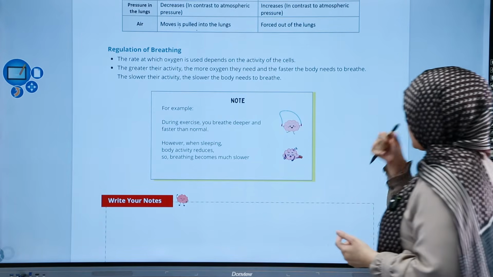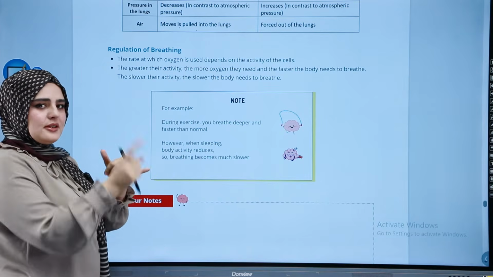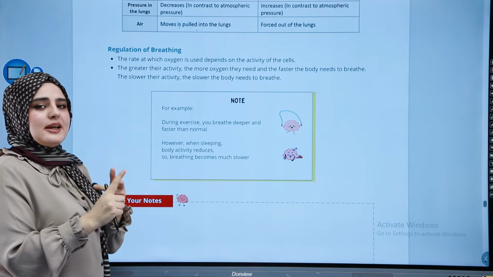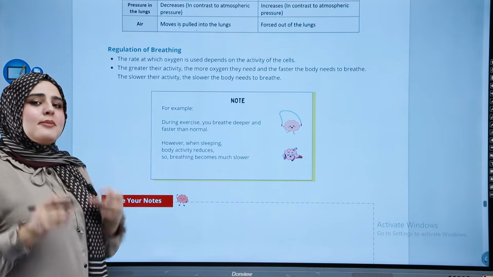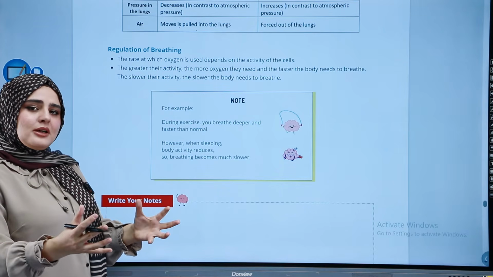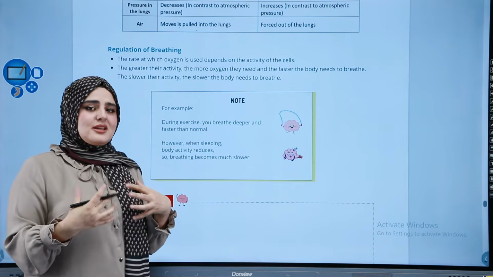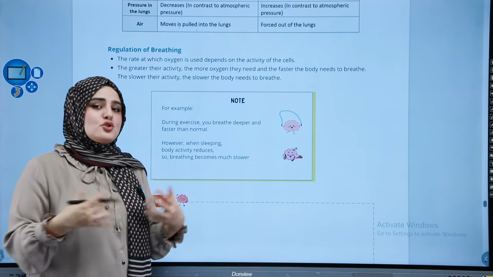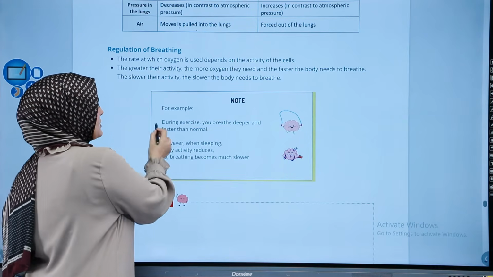When we regulate the breathing, remember it's all about the activity. The faster the activity, the faster the breathing. The slower the activity, the slower the breathing. Why? Because it's about demand and take. If you are doing more activity, there will be more demand for oxygen to work out and gain more ATP, just like when you exercise.